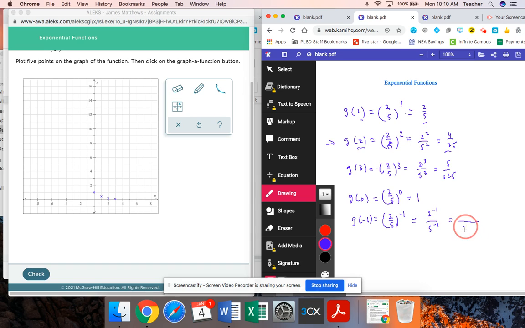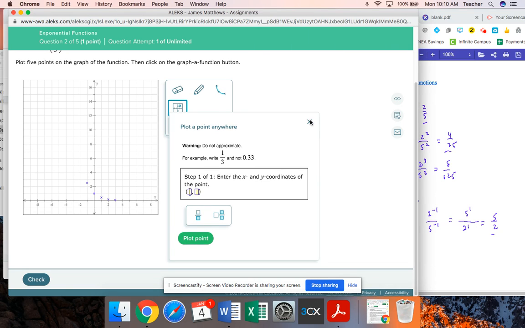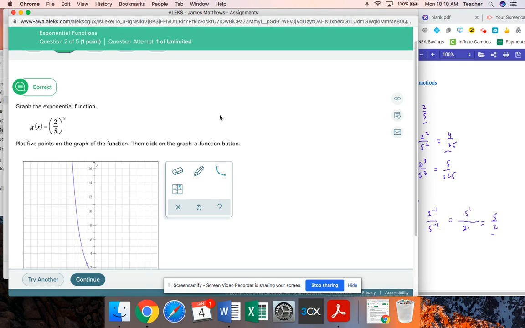The 2 to the 1 will go on the bottom, 5 to the 1 will go up top, which is really just 5/2. So my point would be (-1, 5/2). Let me plug that in there. At that point. Now let's see if it allows me to apply the curve to it. Let me punch in this curve, and it does it. Let me check that to see if that's good. And it looks like we're good.